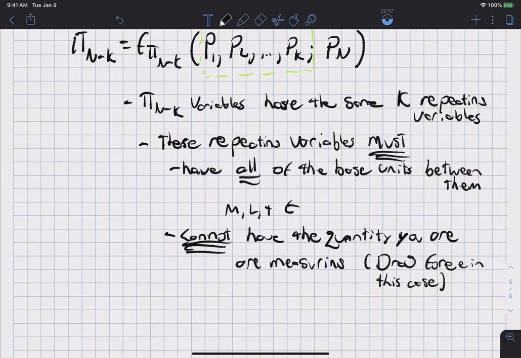So you cannot, for our drag example, pick the drag force as one of the repeating variables. If you're doing experiments to measure the pressure drop in a piping system, you're trying to measure the pressure drop, so you cannot pick the pressure drop to be one of the repeating variables. So the quantity of interest cannot be one of the repeating variables.